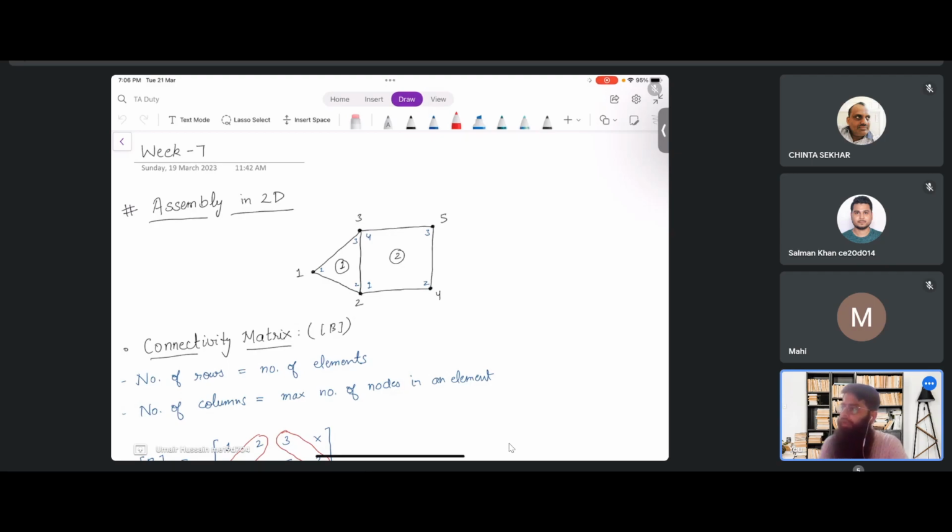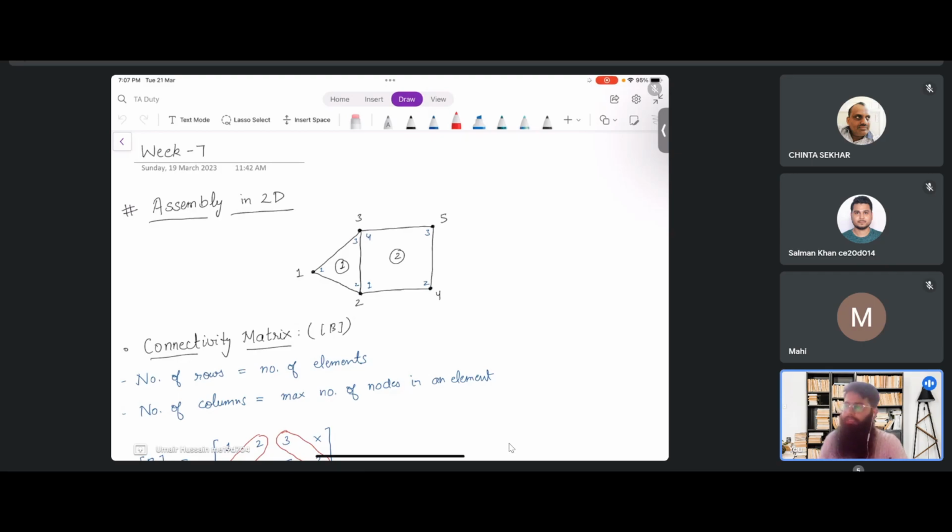Last week we studied various types of approximation functions for 2D elements, mainly triangular elements and quadrilateral elements, the two most used types of elements in FEM.